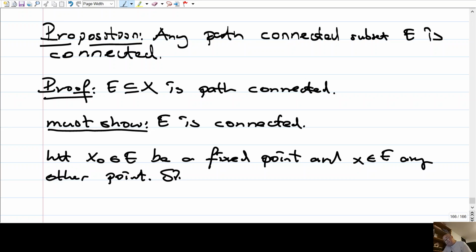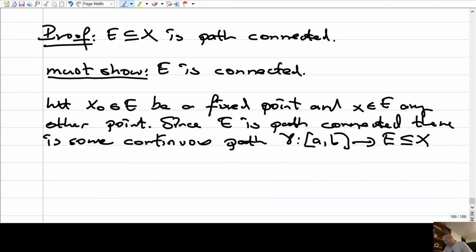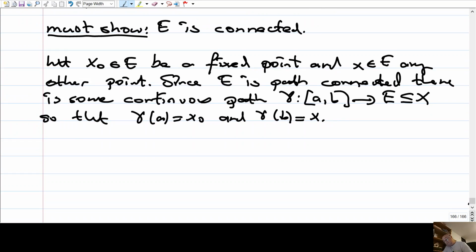Well, since E is path connected, there is some continuous path gamma from an interval, let's say AB, into E, well, into X, but the image lies in E, so that one endpoint of this path is the point x0, and the other endpoint of the path is the point x. So we have something like this.